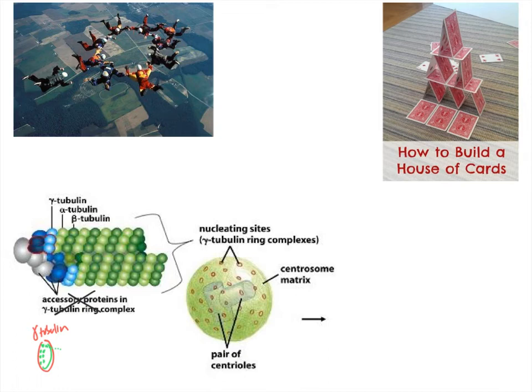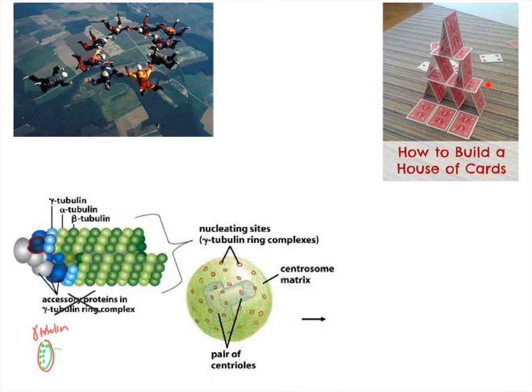I've never gone skydiving, but it looks complicated to form this ring with all these individuals that are more or less free-floating. I would imagine it's easier for the last person to join the circle than for the first couple of people to find each other. I don't know if that's actually true for skydiving, but it is true for alpha-beta heterodimers finding each other and forming this hollow tube-like structure.